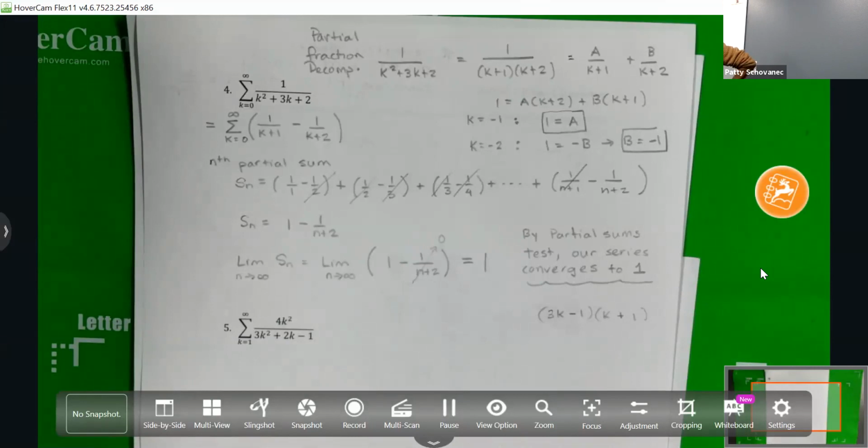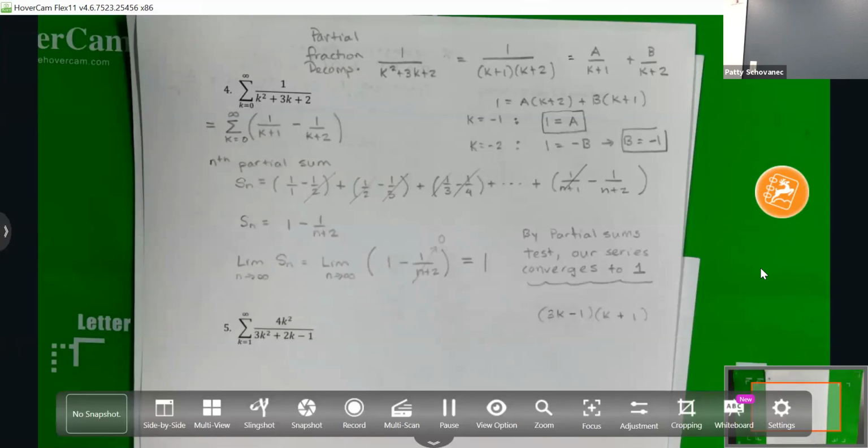Remember what we said the other day, that if a series has any chance of converging, the terms way out yonder, real close to infinity, have to eventually start going to 0. Otherwise, you're adding in things that are relatively large.